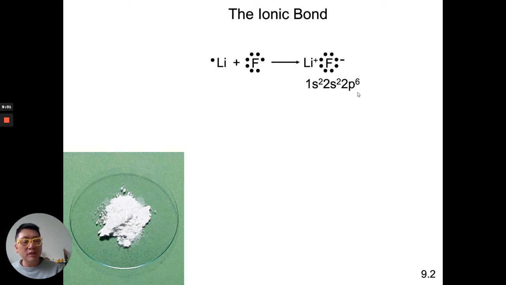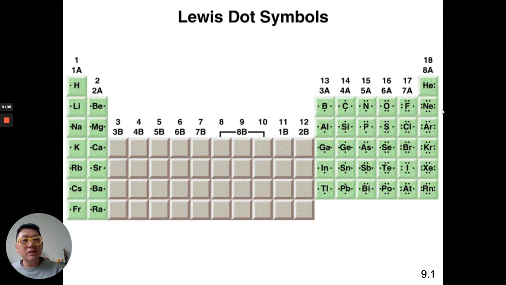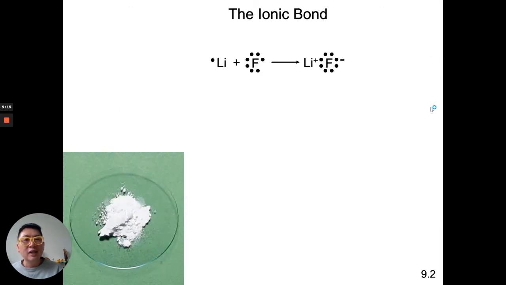What ends in 2p6? Going back to the periodic table, 2p1, 2p2, 2p3, 2p4, 2p5. Neon ends in 2p6. The noble gas neon ends in 2p6. So what is that the same as? That's the same as neon. That's the electron configuration of neon.